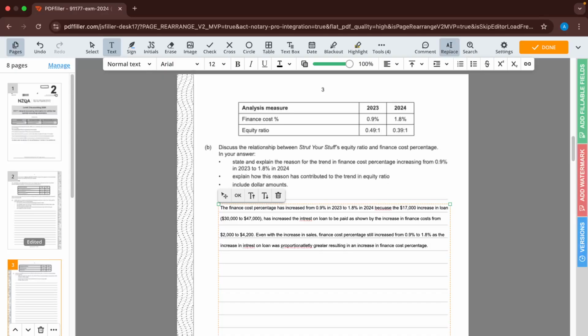Okay, so going into the second bullet point: explain how this reason has contributed to the trend in equity ratio. So if we think back to the equity ratio, it is our current assets to our current liabilities.